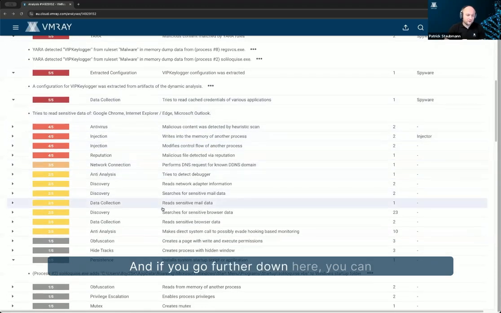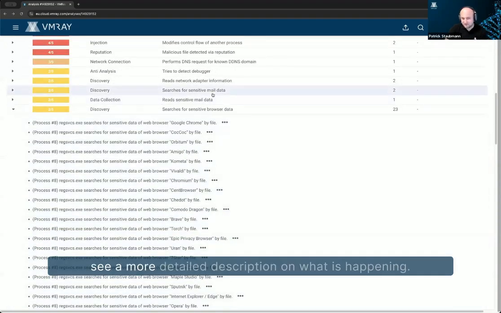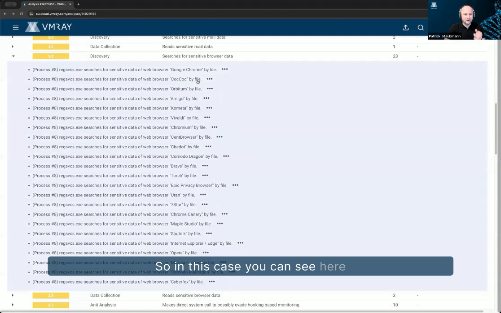If you go further down, you can even expand some of those VTIs and see a more detailed description of what is happening, right? In this case, you can see a bunch of different browsers, going from Google Chrome over Brave, Internet Explorer, Firefox. So lots of different browsers are being targeted, to search if they are installed and then try to exfiltrate sensitive data from them.